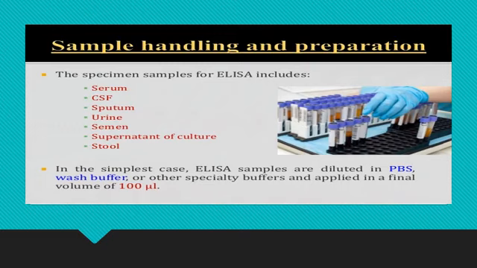The specimen samples for ELISA include serum, CSF (cerebrospinal fluid), sputum, urine, semen, supernatant of culture, and stool.